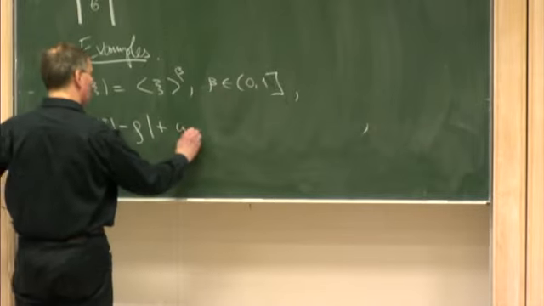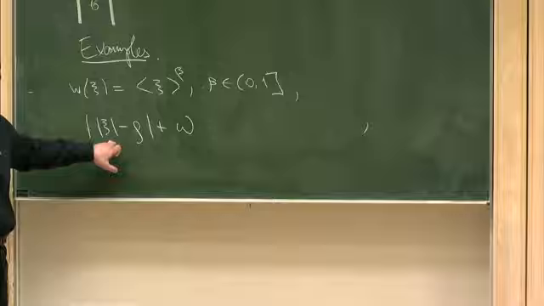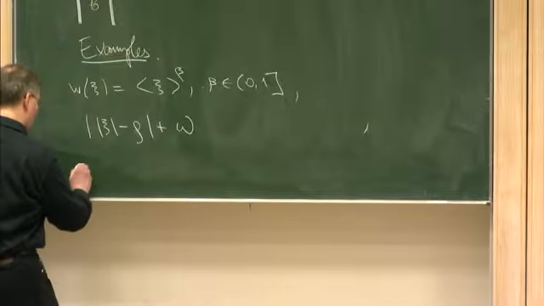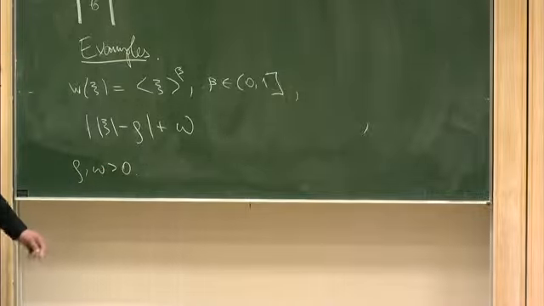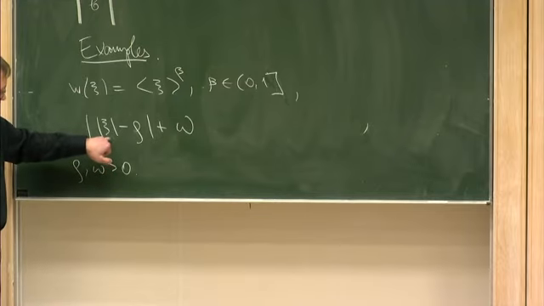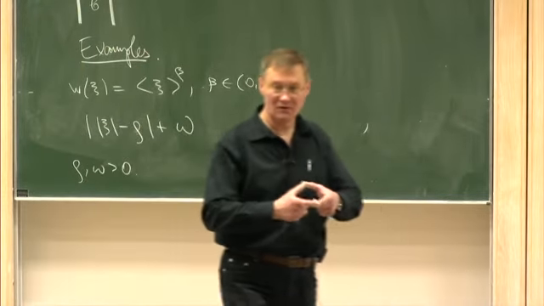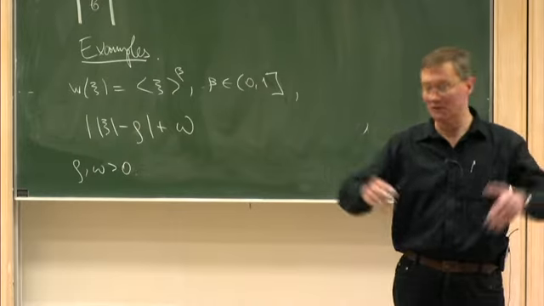I will not explain the meaning of these constants here, but the psi is there, so that's already enough. So rho and omega are positive constants. And here you see you have the weight, which measures the distance from psi to the sphere of radius rho, right? So if you go away from the sphere, the weight grows.